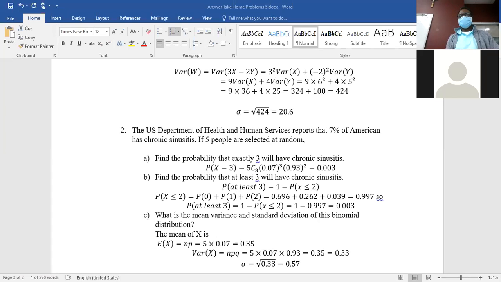If it is the probability of less than 3, we are here, and this is what you will use for less than 3. Less than 3 means less than or equal to 2, because it's either 0, 1, 2, 3. So if it is less than 3, it's either 0, 1, or 2. This calculator you get from Google, but you can use your own calculator because you can always have it.